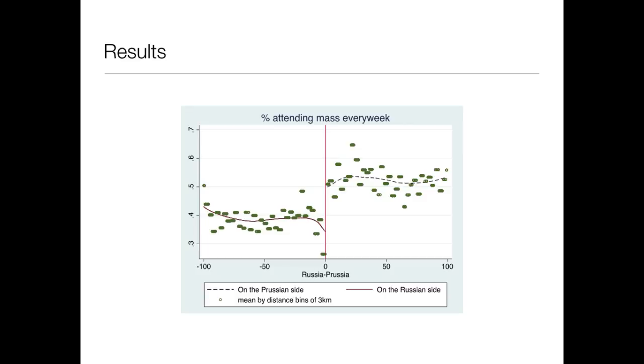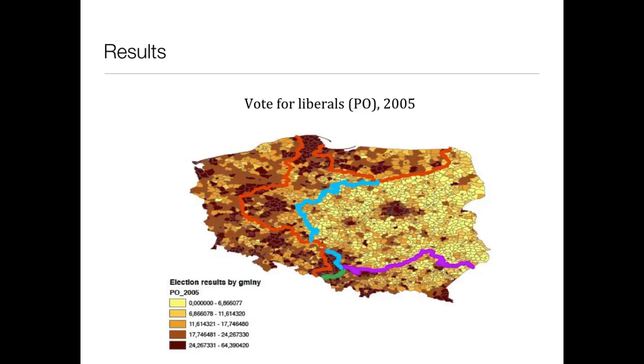So it's really striking to see the impact of these borders so many decades after they disappeared. This is another great opportunity, this particular study, for mapping, because you can use choropleth maps to get a sense of what opinions are.